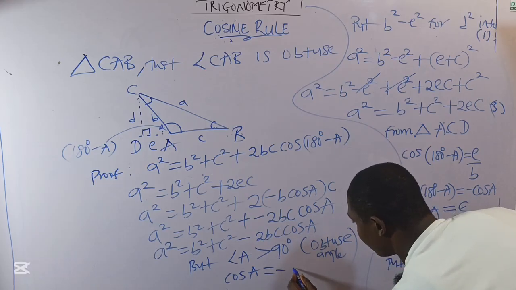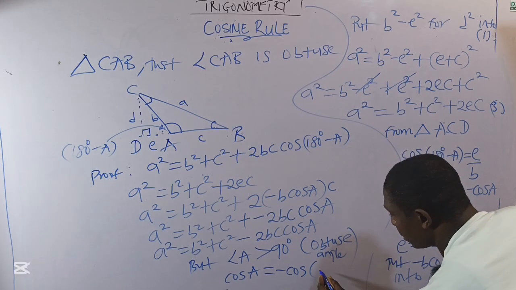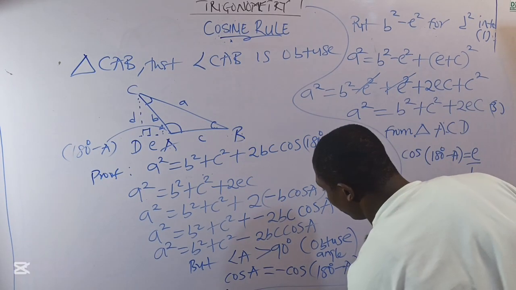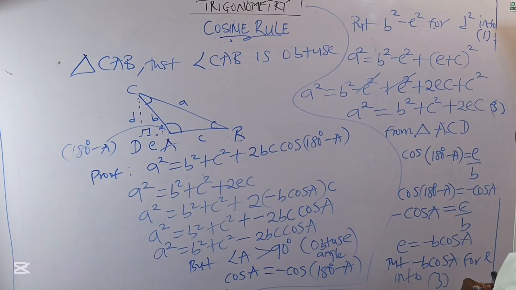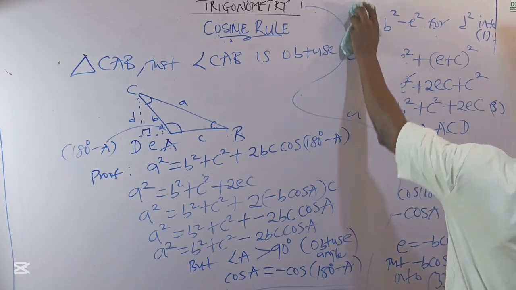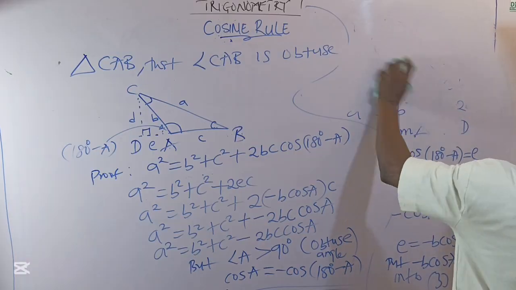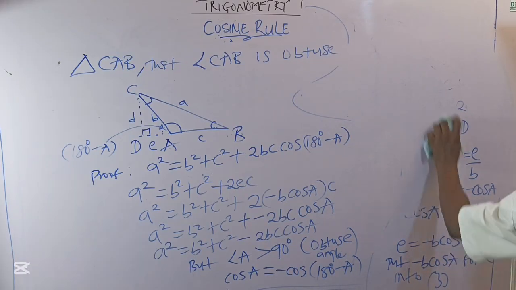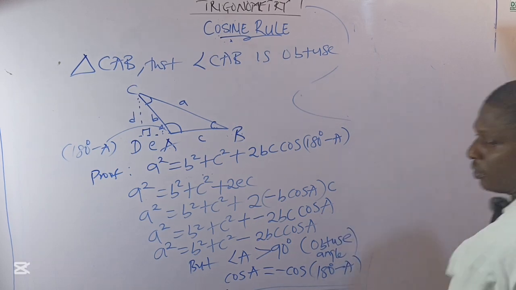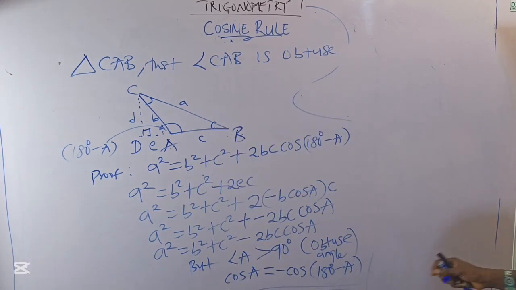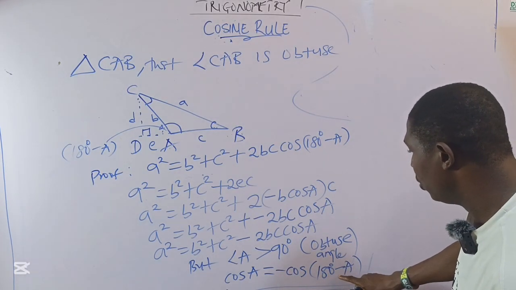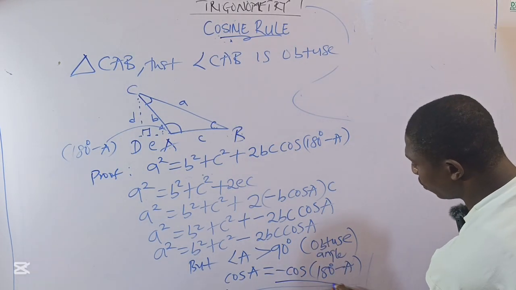So therefore, since it's greater than 90 degrees, you agree with me that cos capital letter A is equal to minus cos open brackets 180 degrees minus A. This is a theorem for the second quadrant. Now I have cos A equals minus cos open bracket 180 minus A. So in place of this cos A, I can put this.